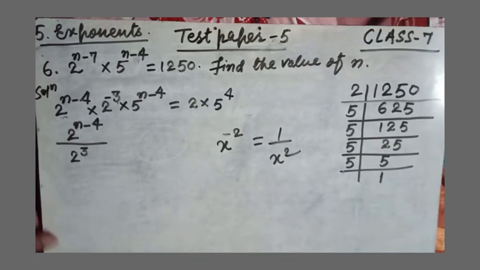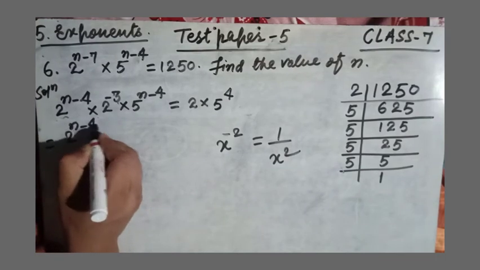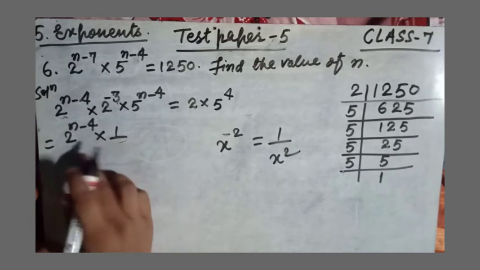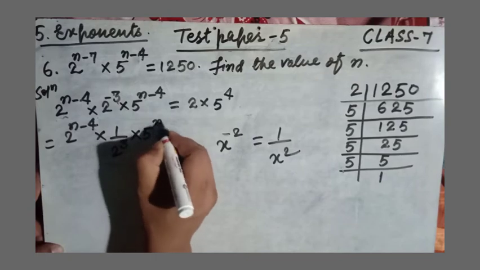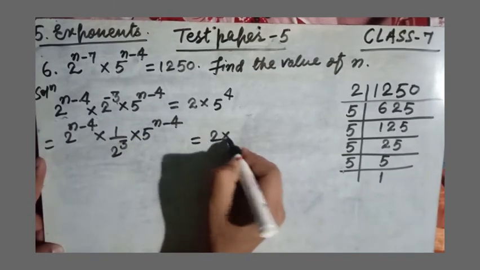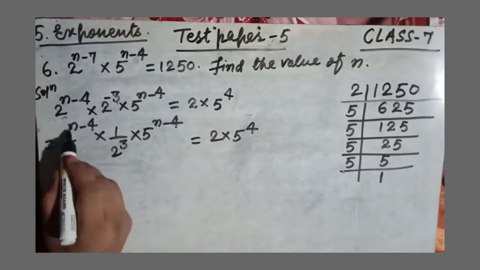So 2 raised to power n minus 4 as it is, multiplied by 1 by 2 raised to power 3, and multiplied by 5 raised to power n minus 4 as it is, is equal to 2 multiplied by 5 raised to power 4. Now have a look, these are all the numerators.